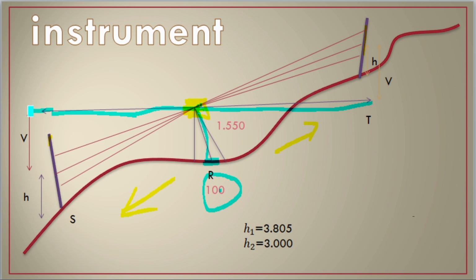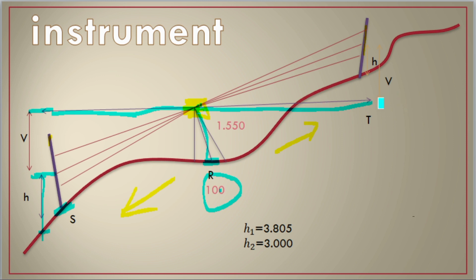So our V is from the line of collimation to where our mid reading was taken, then our mid reading to the bottom of the staff, and that's how you get the reduced level of S. Then again, by adding the reduced level of the instrument plus the height of instrument, we get the line of collimation here.